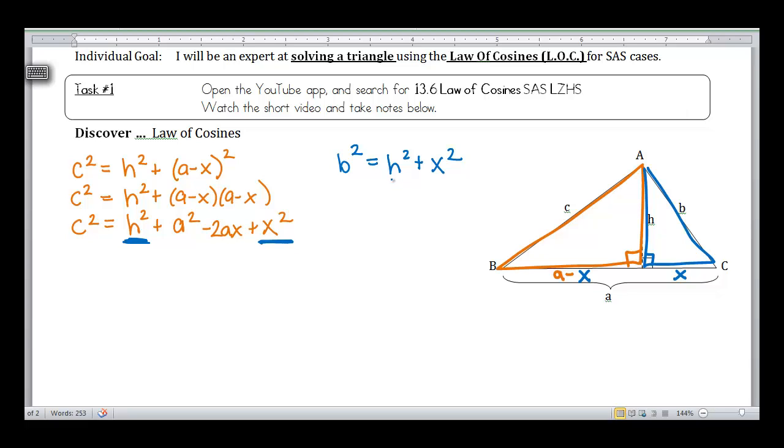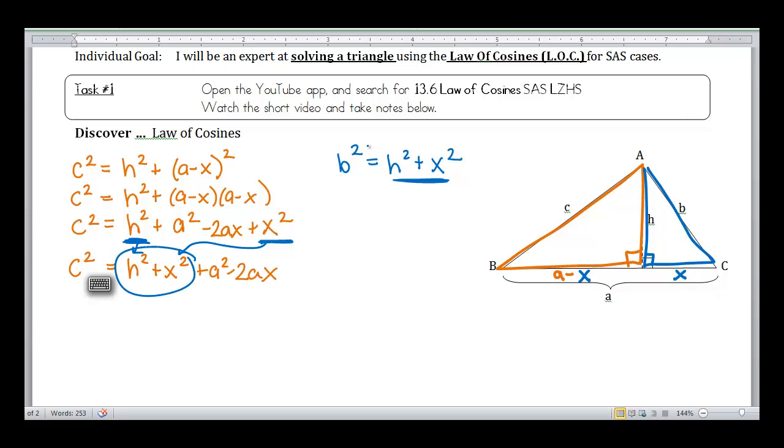We also, in the right triangle, have the same thing. So everywhere I see H squared plus X squared, I could replace that with B squared. So now that I've rearranged it and made the H squared and the X squared next to each other, I can replace this with what we know it's equivalent to, B squared.